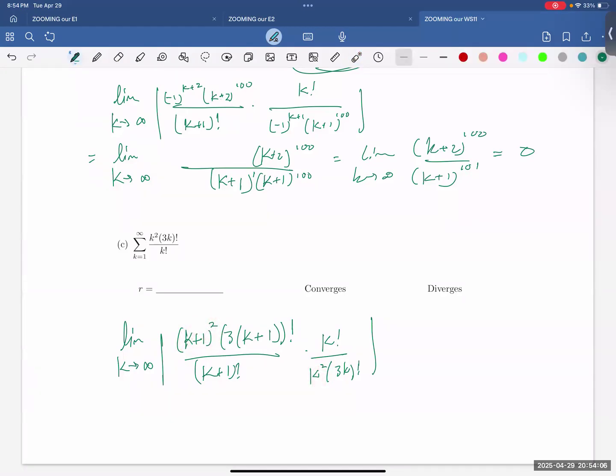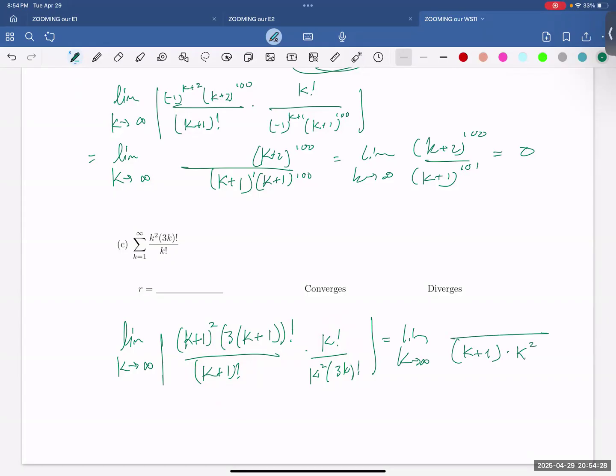The rest of them, we have k factorial and k plus 1 factorial. That'll give us a k plus 1. Then, you know what? Maybe I shouldn't have forgotten the k squared. Let's put that back in.